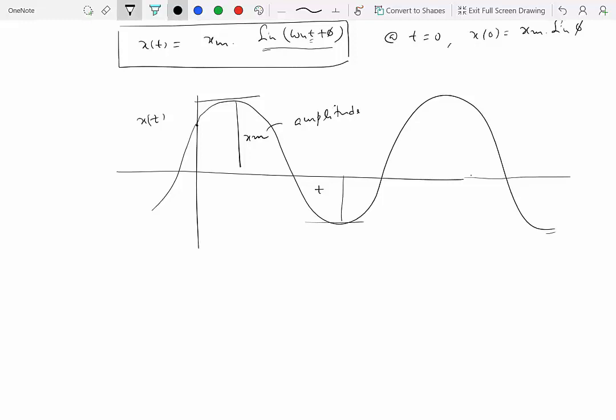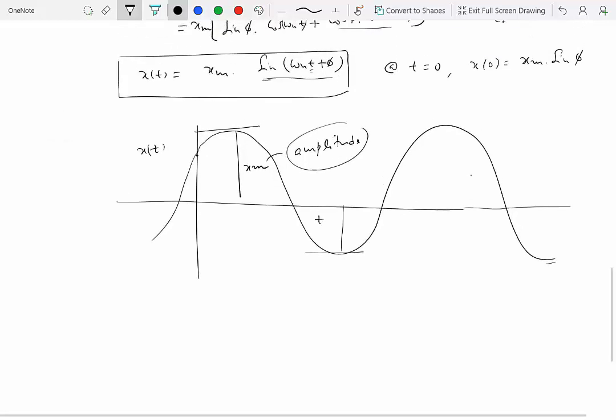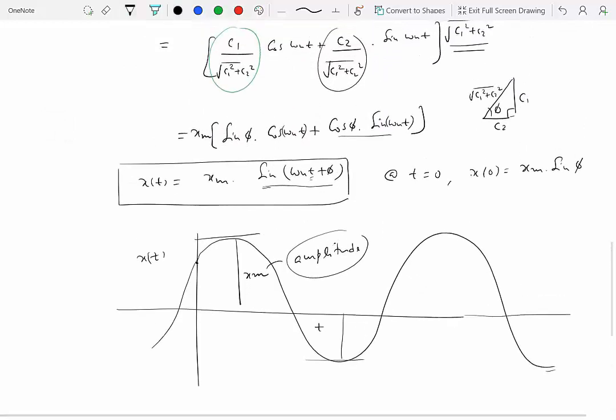So going downward below the timeline, you will have minus x sub m. But this is called amplitude. So that's the maximum distance that the particle will go away from the equilibrium. Okay, then we have omega n t here and we have phi over here, right?